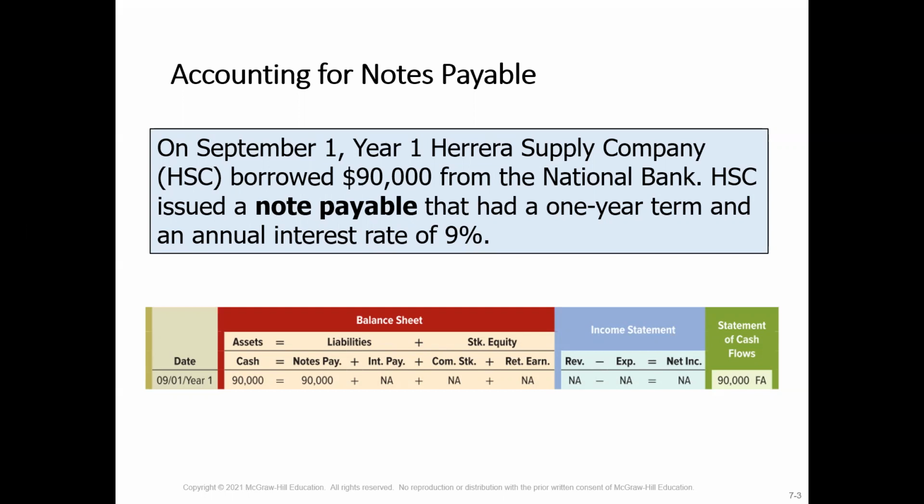So the note was issued September 1st of year 1. So 1 year term, interest and note face value would all be due September 1st, year 2.